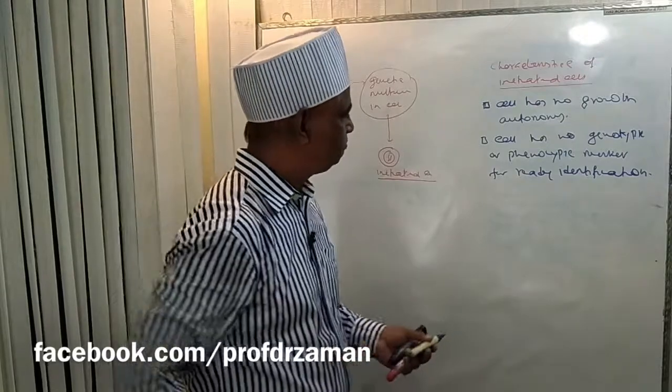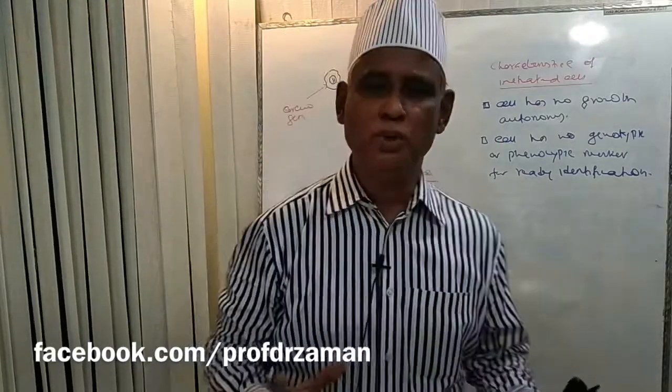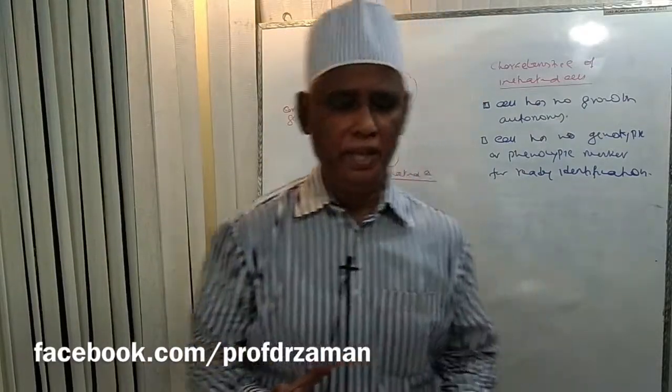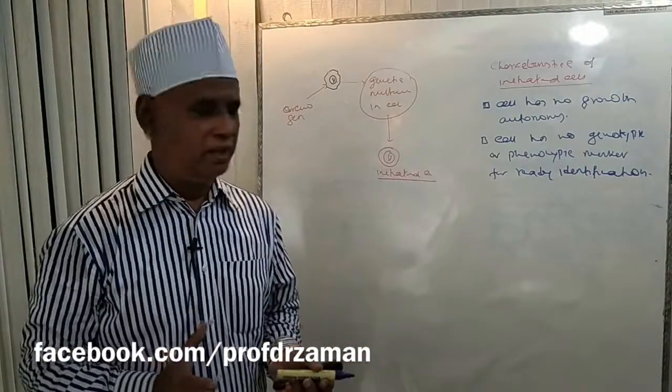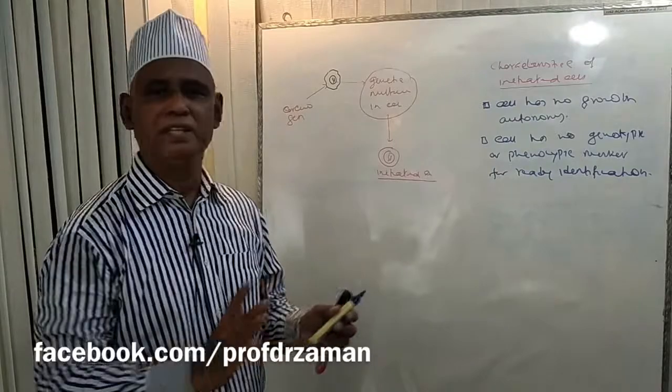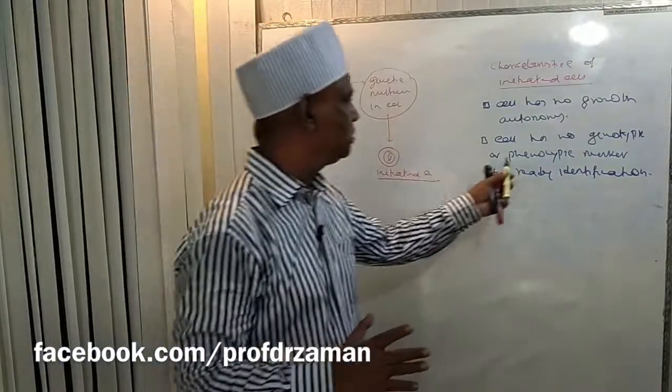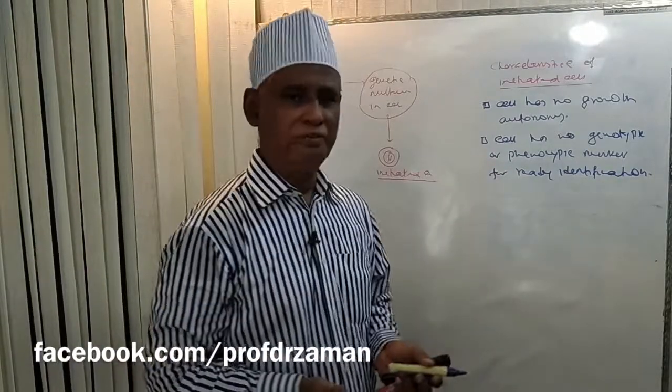Dear audience, on exposure to carcinogen, there is development of initiated cell in our body, but we cannot identify that cell because the cell has no genotypic marker or phenotypic marker.